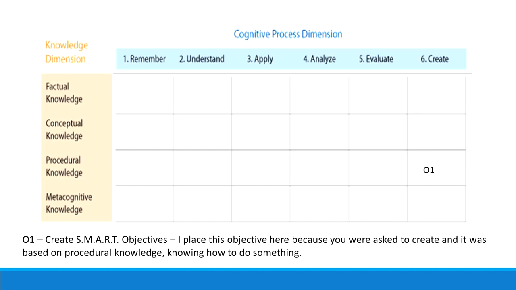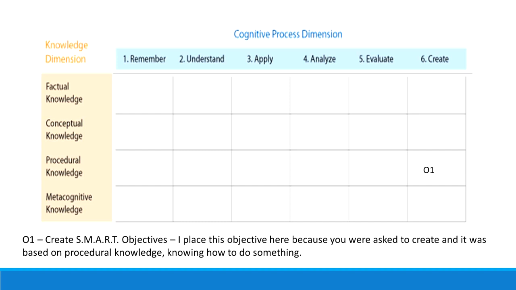Well, I was abbreviating because I'm doing it on a slide, but yours should be a complete SMART objective that says at the end of this module, students will be able to create a SMART educational objective. Okay. And then I explained it. I placed the objective here because you were asked to create, and it was also a procedural knowledge, knowing how to do something.